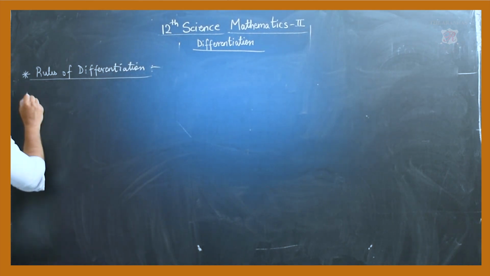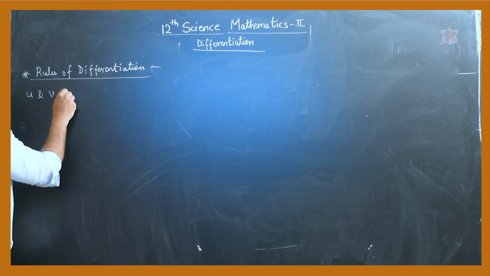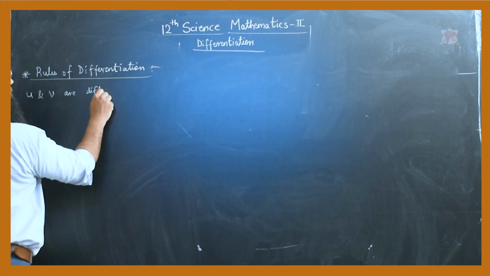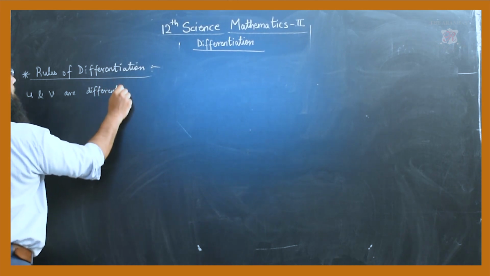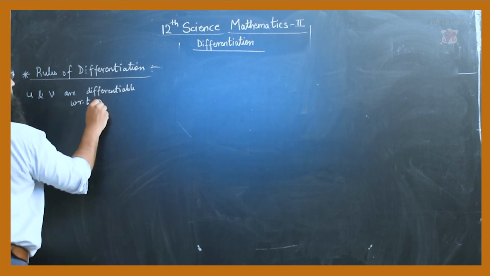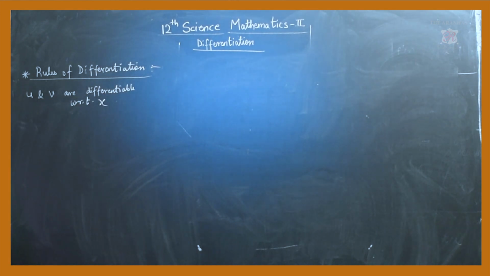U and V are differentiable with respect to x. There are two functions u and v which are differentiable with respect to x.